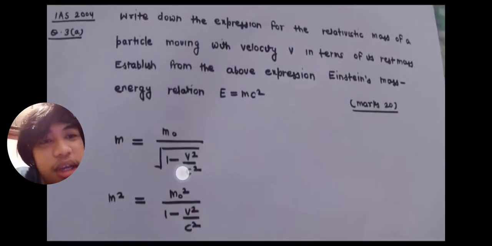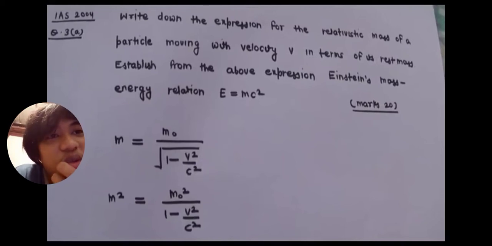I don't know where he got this, but I think this is 1 minus the velocity of a moving object or moving mass squared over the square of the speed of light.